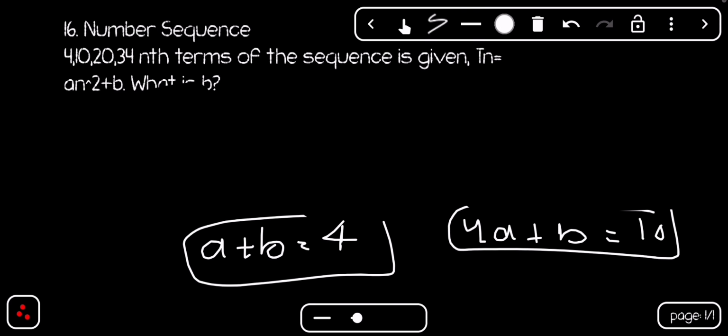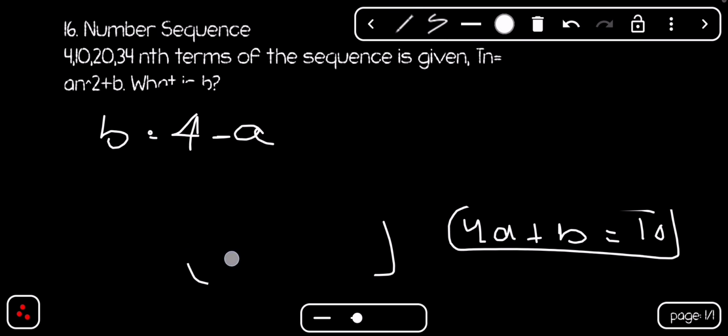Now we can use a system of equations to find b. b is going to be 4 minus a. Now we put b equal to 4 minus a in here.